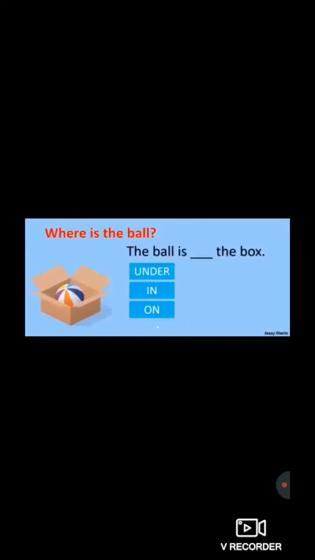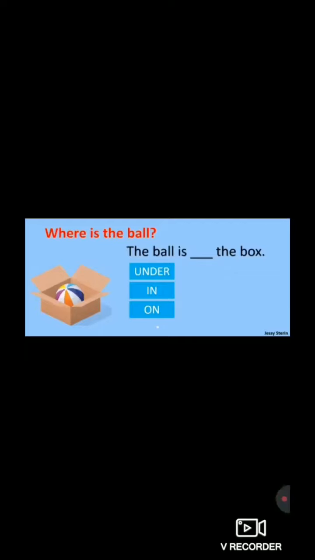Now, students, let me ask one question to you. Where is the ball? So, students, can anyone say the answer? Yes, the ball is dash the box. So, here the options are under, in, on. Can anyone say the answer? Students?